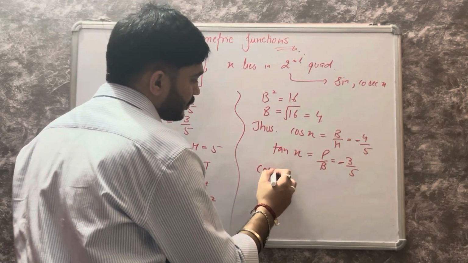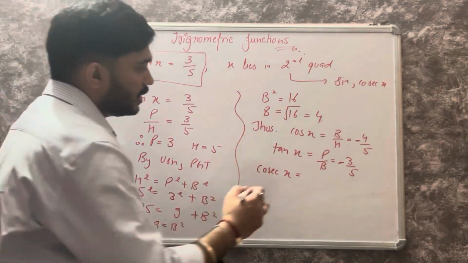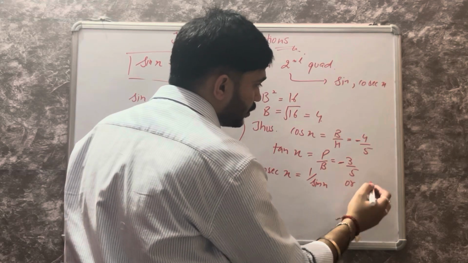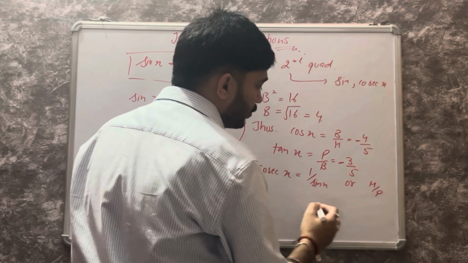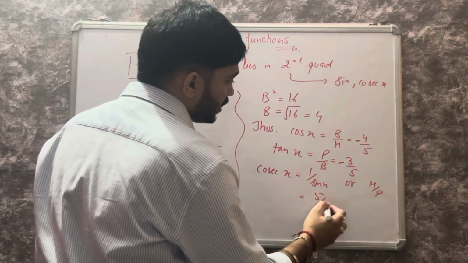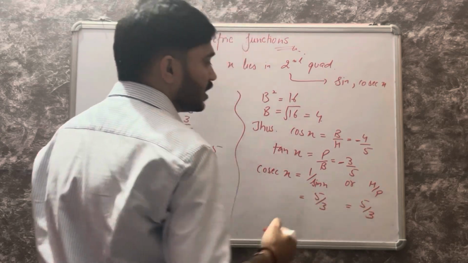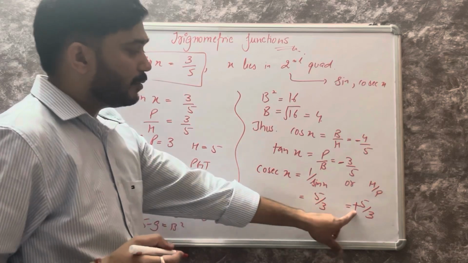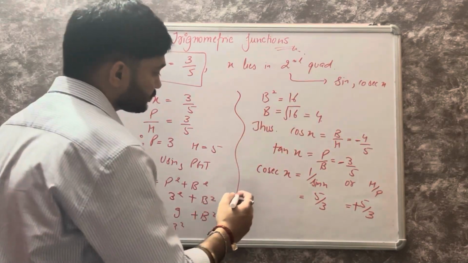Then cosec x. We can find cosec x by two formulas, that is 1 upon sin x, or hypotenuse upon perpendicular. 1 upon sin x, the value will come 5 upon 3, or hypotenuse is 5 and perpendicular is 3. Both are the same. Here we are going to put a positive sign because cosec is positive in the second quadrant.